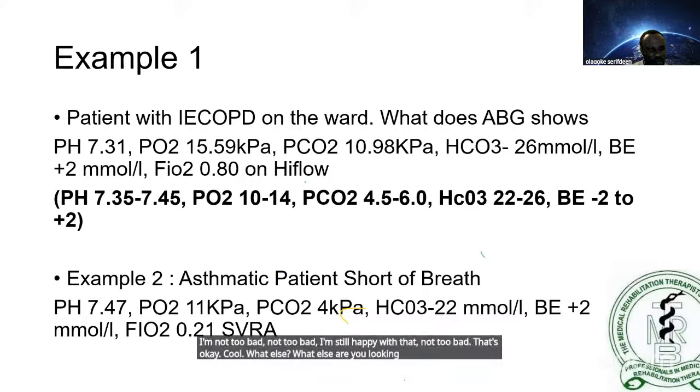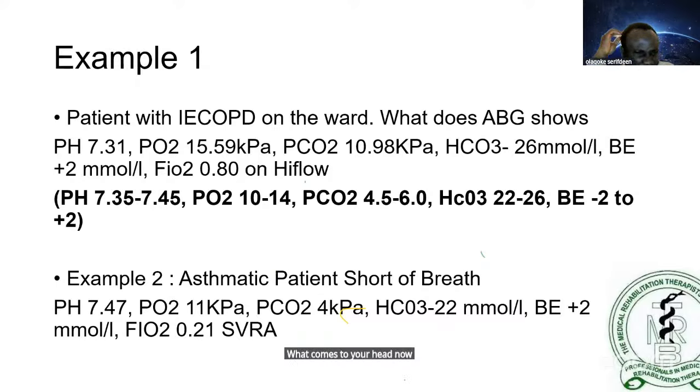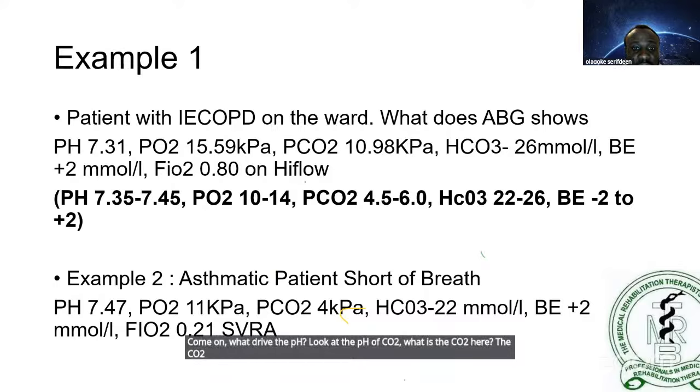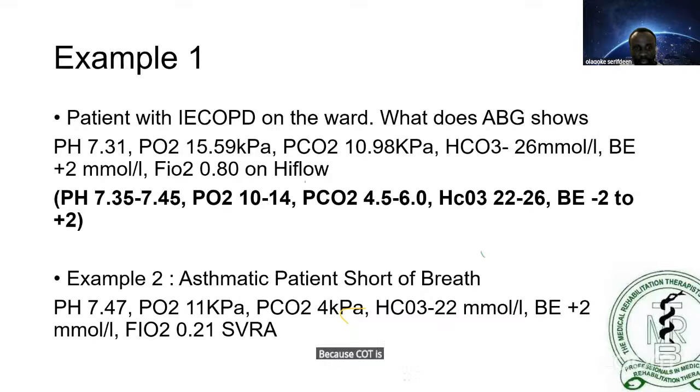You look at the pH. 7.47. I think that's a bit higher than normal. Wow, what comes to your head now? What drives the pH? Oh, CO2. What is the CO2 here? The CO2 is 4. What does that mean? CO2 is dropping, and the pH is going high.